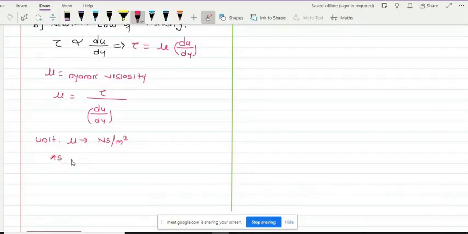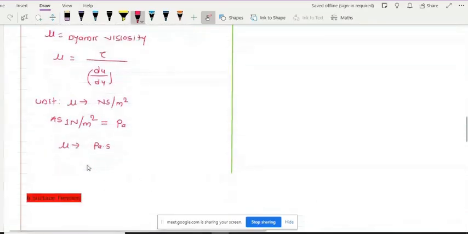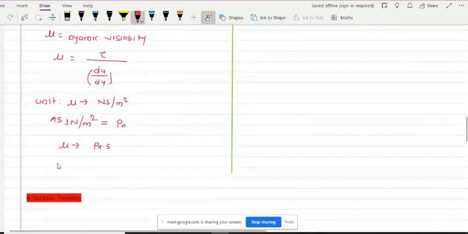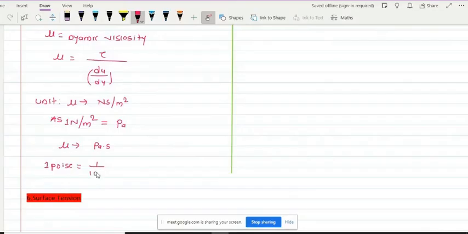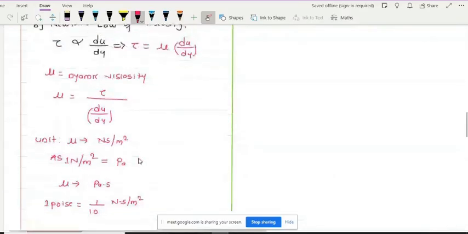As we know, Newton per meter square is equal to Pascal, therefore the unit of viscosity becomes Pascal second. Again, the CGS unit of viscosity is called poise. One poise is equal to 1 by 10 Newton second per meter square. This is dynamic viscosity.